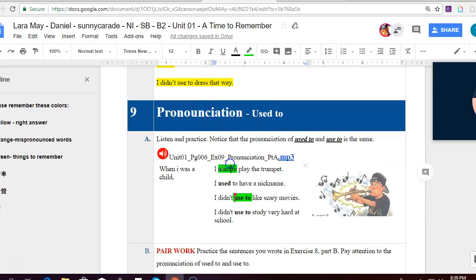Yes. Okay. To be sure, can you please read the highlighted word, the green one? Used to. And the other one? Used to. Okay. They are just the same when you pronounce them, okay?